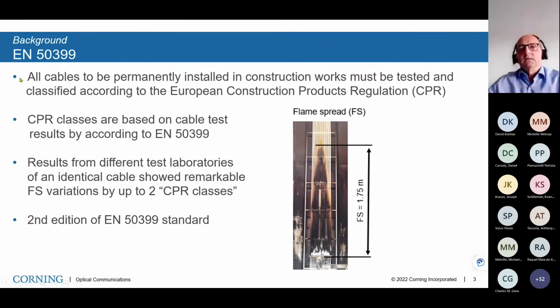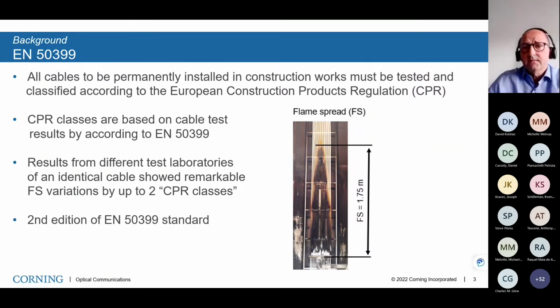Since July 2017, all cables to be permanently installed in construction works in Europe must be tested for their performance in case of fire and classified according to the European Construction Products Regulation, which is CPR. The corresponding CPR classes of cables are mainly determined by the EN 50399 test method.